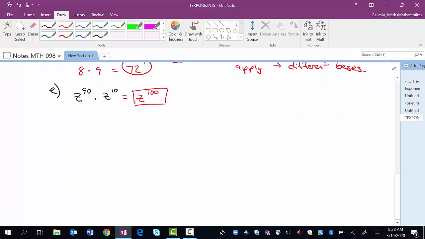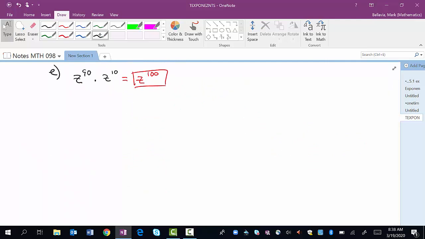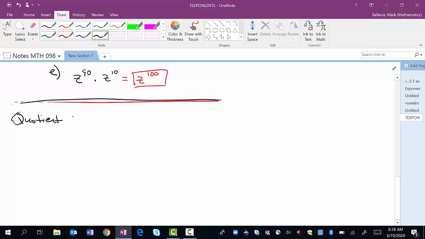Alright, the next exponent rule we'll talk about will be the quotient rule for exponents. The quotient rule is actually very similar to the product rule.